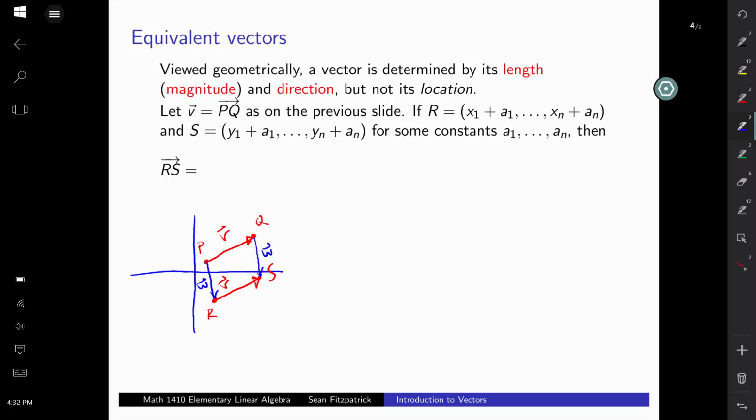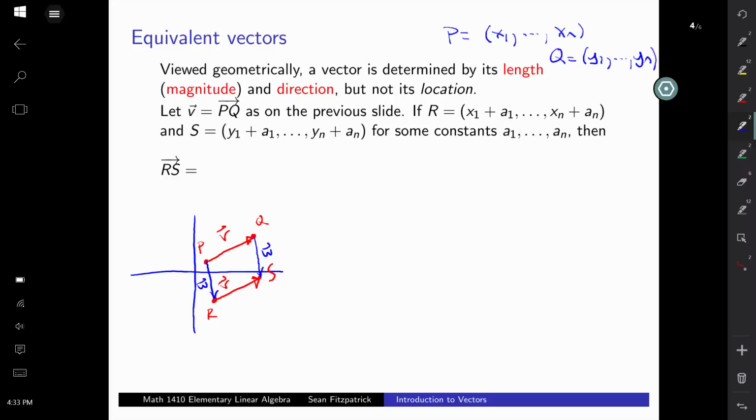So the way you represent this numerically is, if P was the point x1 down to xn, and Q was the point y1 down to yn, as on the previous slide, and I add whatever numbers, say a1, a2 up to an, to the coordinates of P, and add the same numbers to the coordinates of Q, then I get two new points, and the distance and direction from R to S is going to be the same as from P to Q.